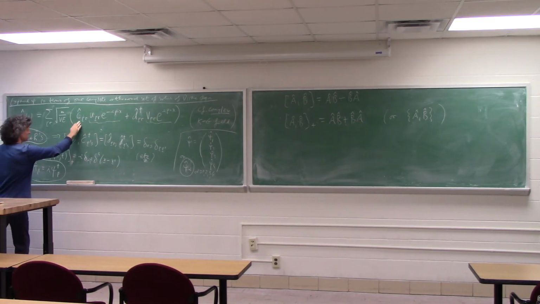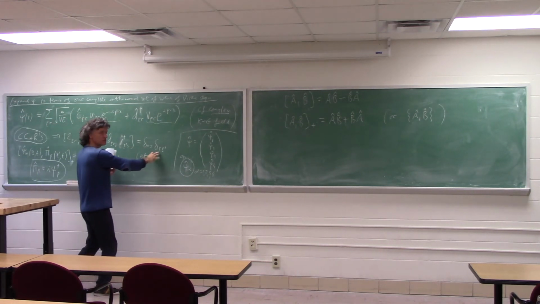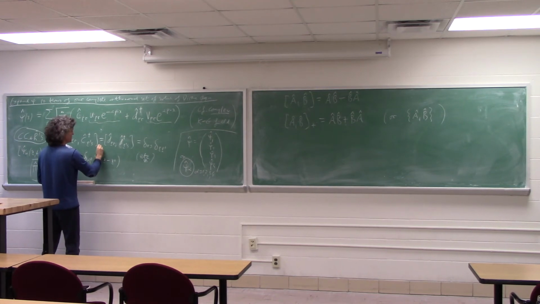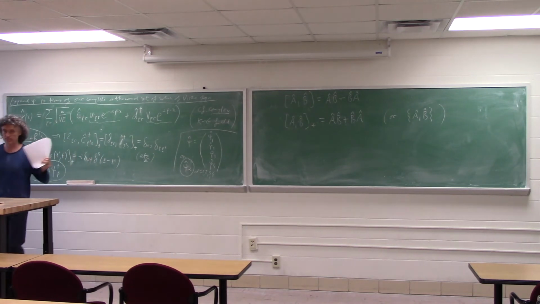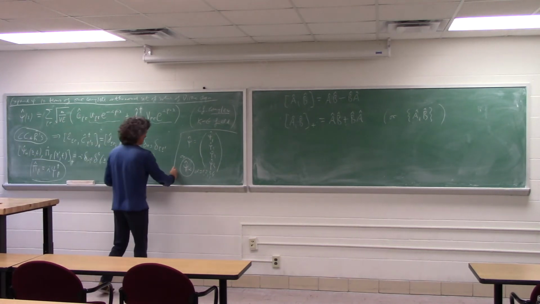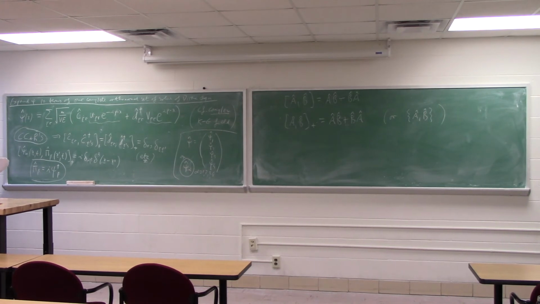If you plug the field expansion into here, you find the same relations as before, but with the commutators replaced by anti-commutators. So in books you'll sometimes see that for fermionic fields, in the canonical commutation relations, you just replace commutators by anti-commutators.